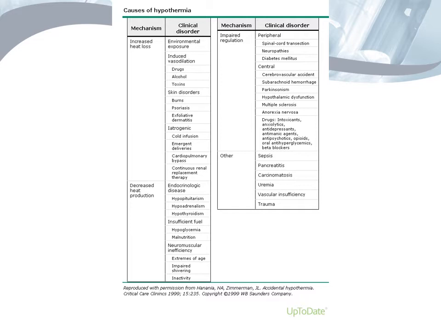There are things that we do to the patient: we give them cold fluids, and we open up their abdomen and let all that bowel get exposed to the ambient air. And then there's decreased heat production that can cause it.